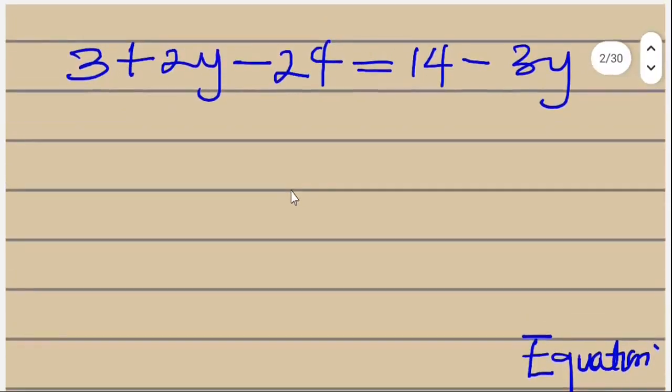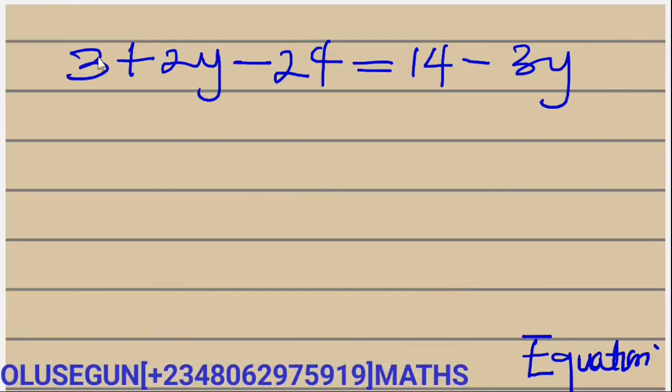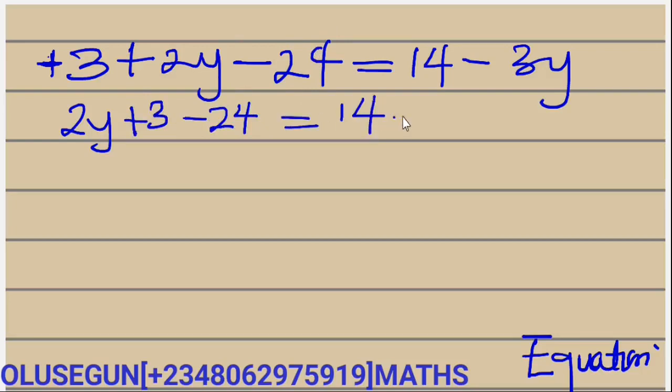Yes. So now, in solving this equation, let's rearrange this. We have 2y. There's a plus 3 here, it used to be silent. Plus 3 minus 24, because you are not changing it, is equal to 14 minus 3y.